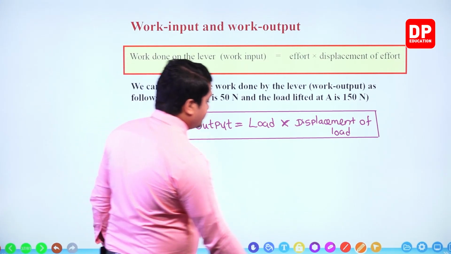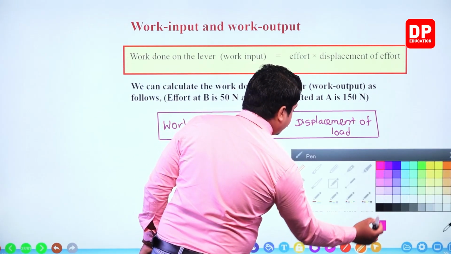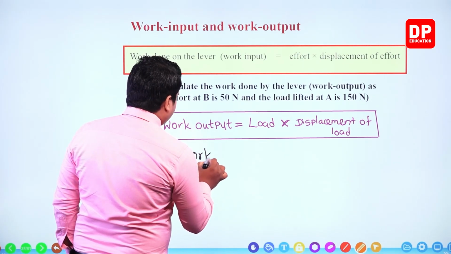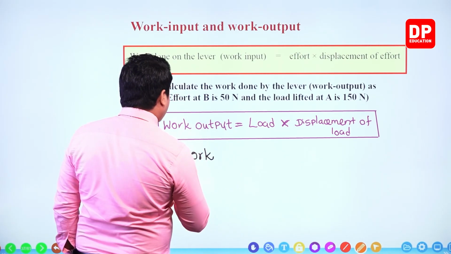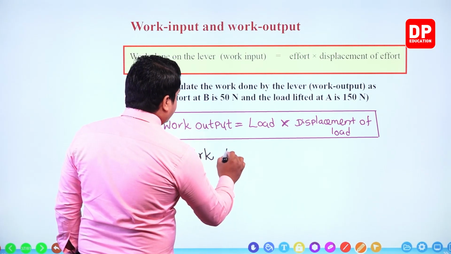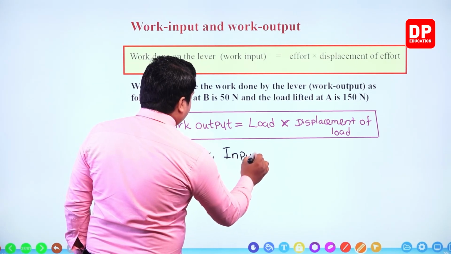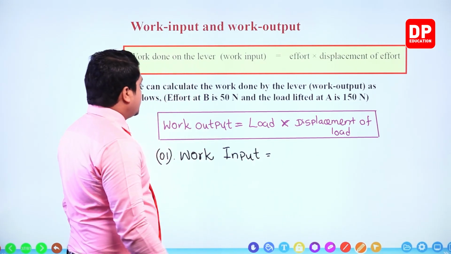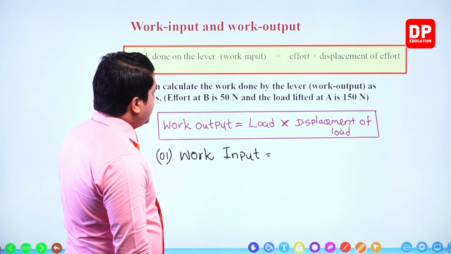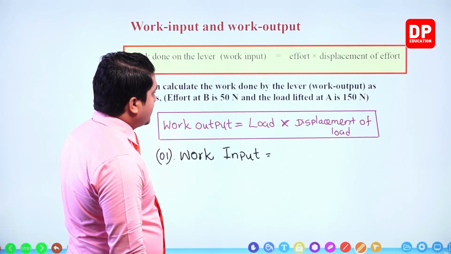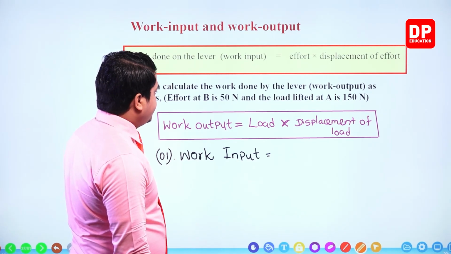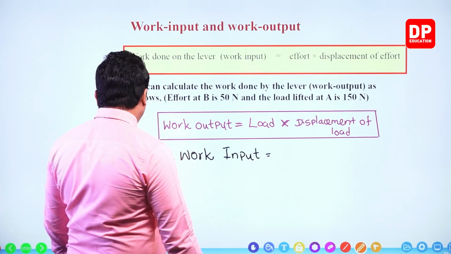So here, let's calculate both, first of all the work input. The effort at B is 50 Newton and the load lifted at A is 150, from the previous question which is given.